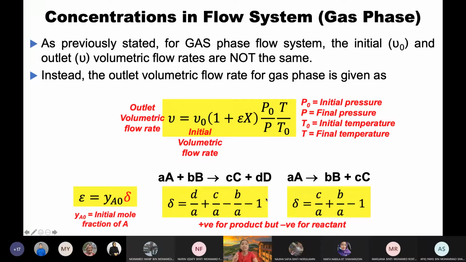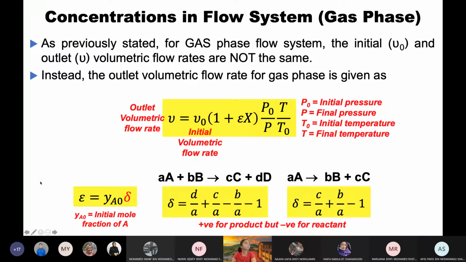Kenapa 1? Technically it is A per A. Tapi A per A kan 1, sebab tu dia tulis minus 1. So let's say kamu confused ataupun kamu tak boleh ingat minus 1 tu kenapa, kamu just ingat dia technically adalah minus A per A. Sebab tu dia tulis sebagai minus 1.